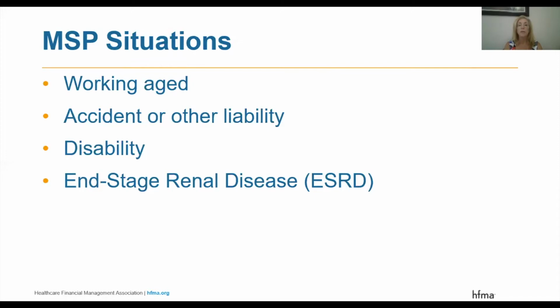And certainly end-stage renal disease, or ESRD: from the time the patient becomes end-stage renal, there is a 30-month coordination period. After completion of the 30-month coordination period, Medicare will be primary, unless there is another MSP situation as well.